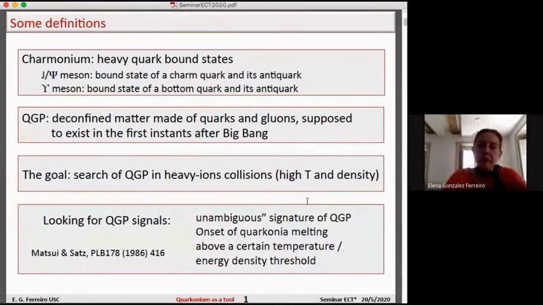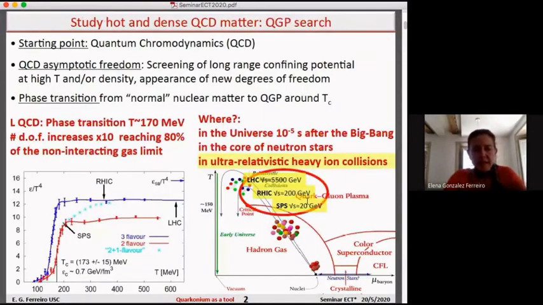So the idea is the following. The starting point is quantum chromodynamics, as always. We expect that asymptotic freedom of quantum chromodynamics appears as a screening of the long-range confinement potential at high temperature or high density, with the appearance of new degrees of freedom.